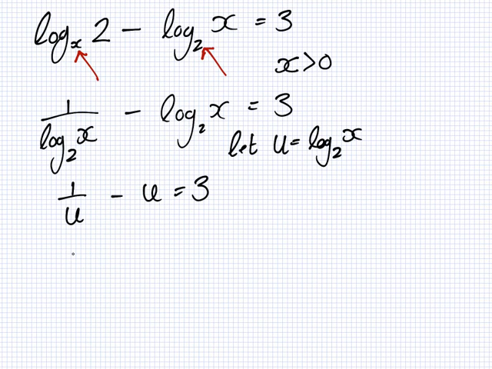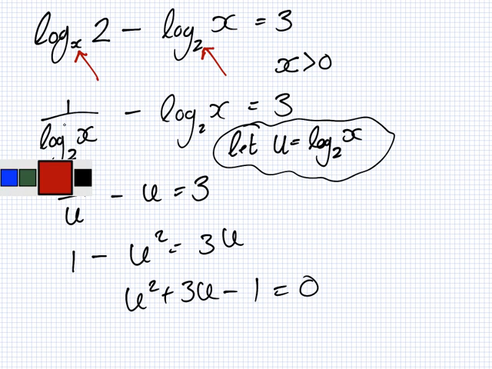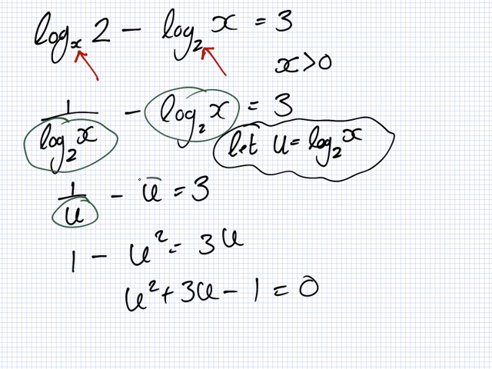Multiply by u, so I'll get 1 minus u squared equals 3u. So I'll get u squared plus 3u minus 1 equals 0. Here's u here: log 2x, and log 2x I replaced with u and u.